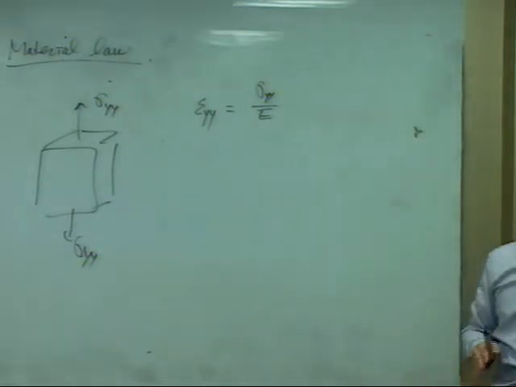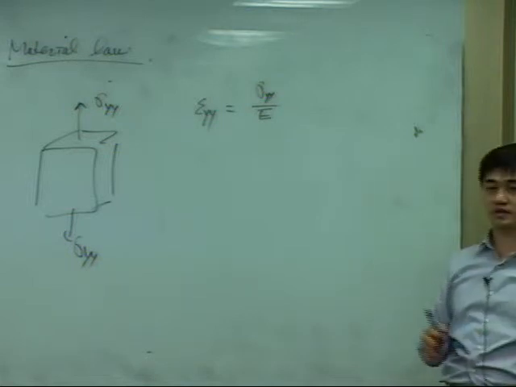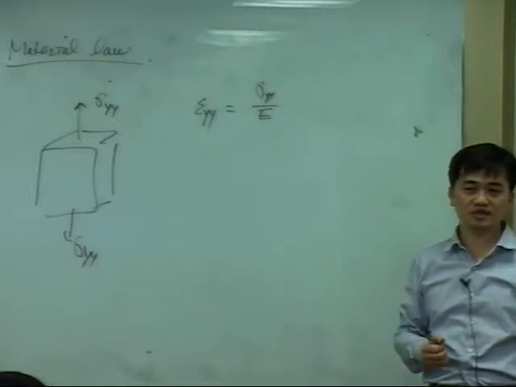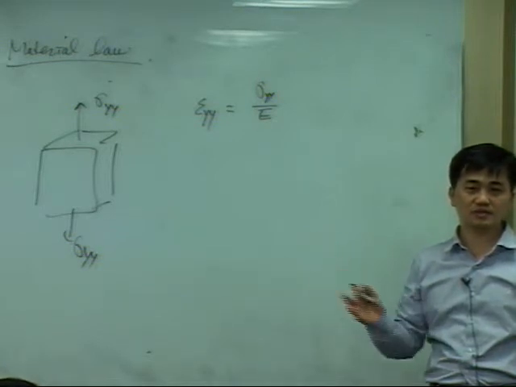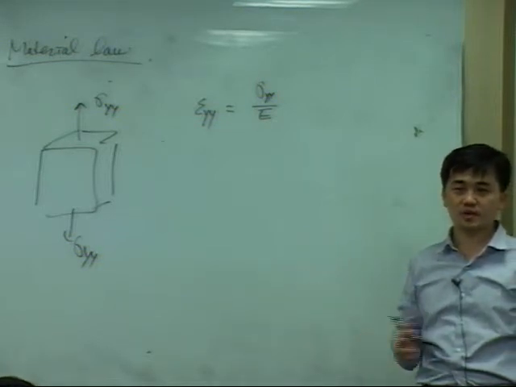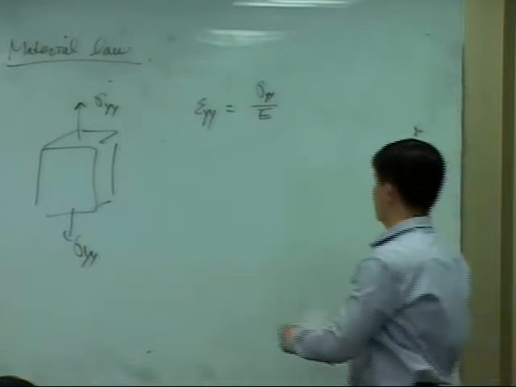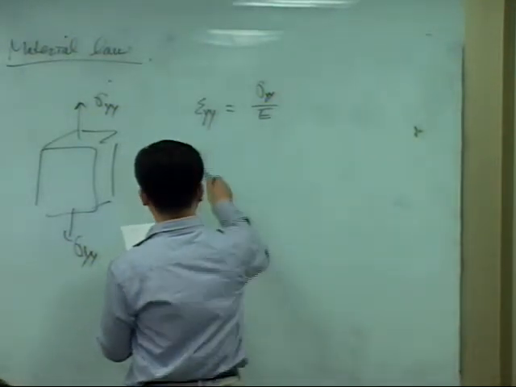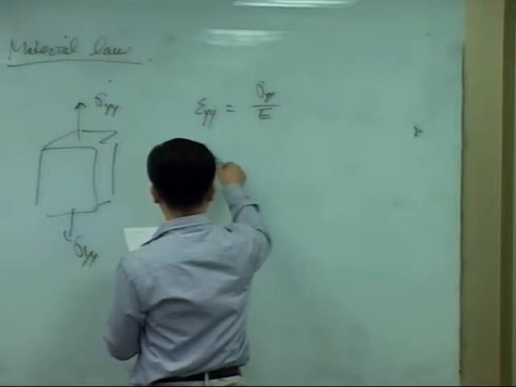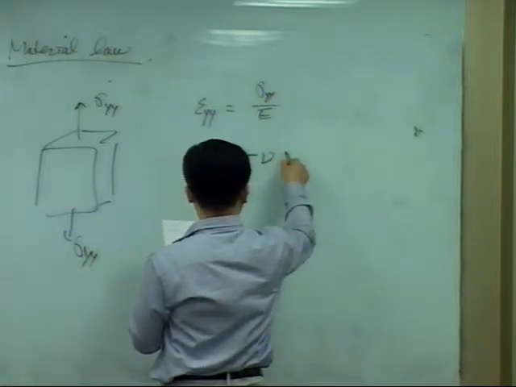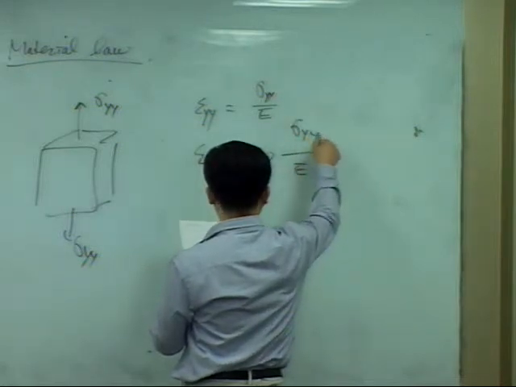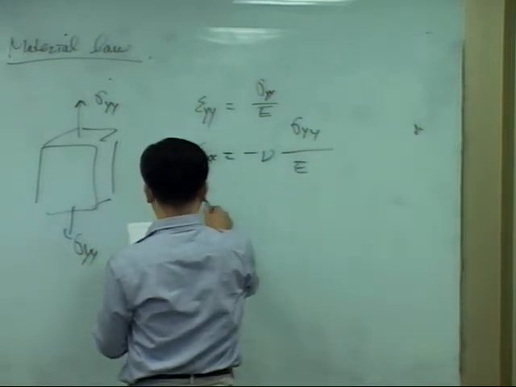So for a composite, the Young's modulus in the X, Y, and Z directions differs, and the Poisson ratio is also different in each direction. It's a very complex material. Anyway, when only stress YY is applied, we can calculate the three strain components. Similarly, XX and ZZ.